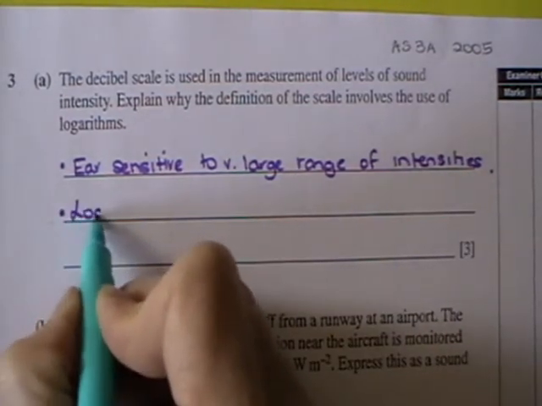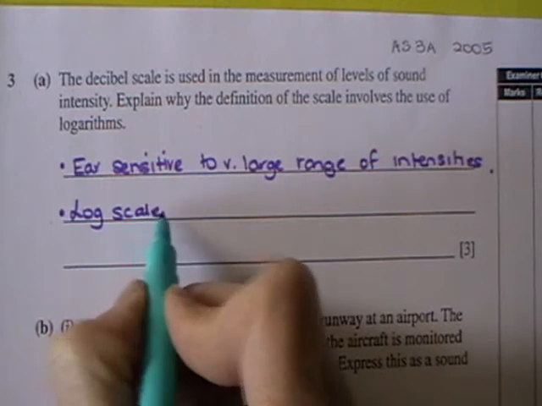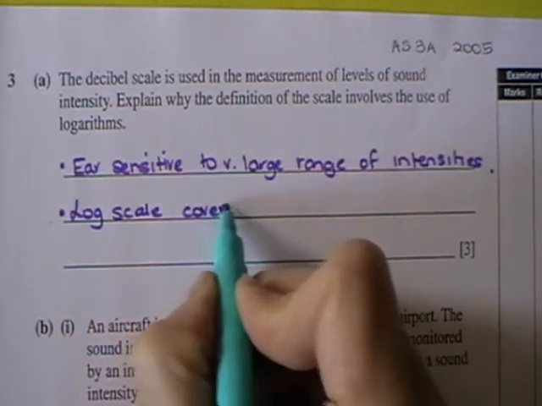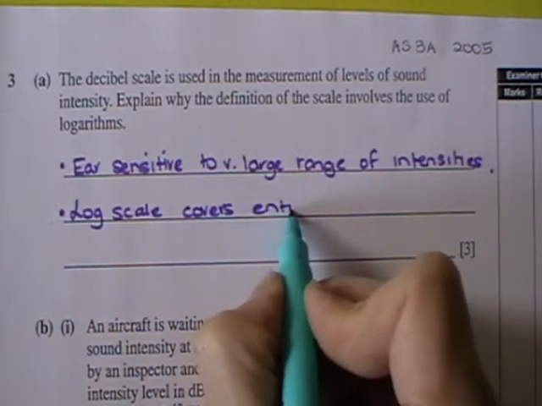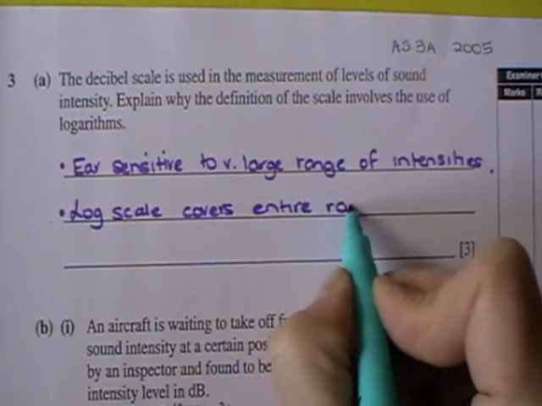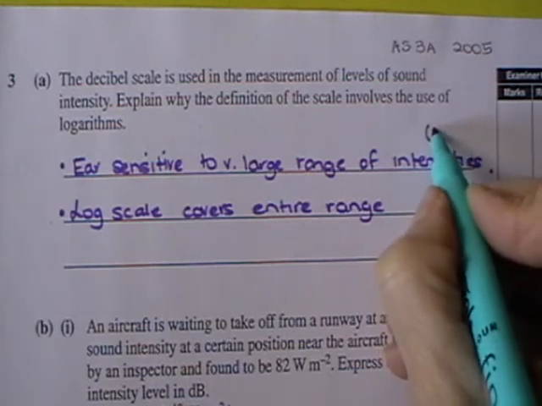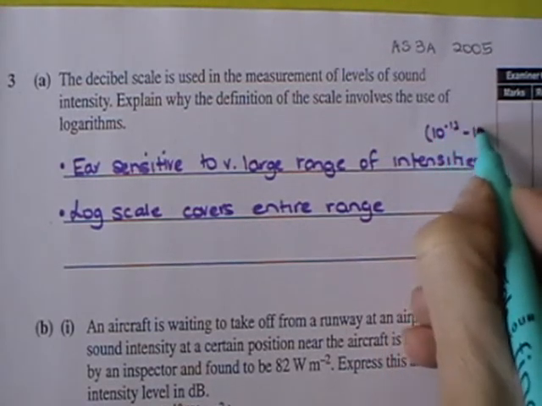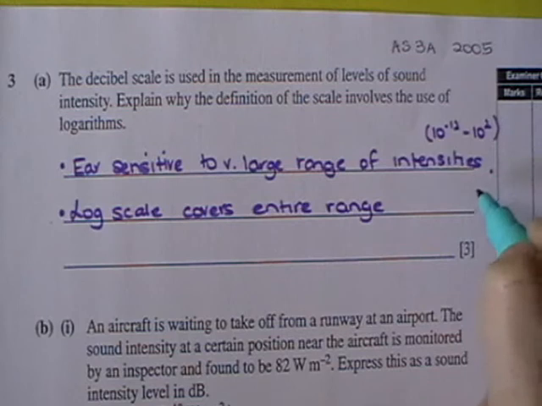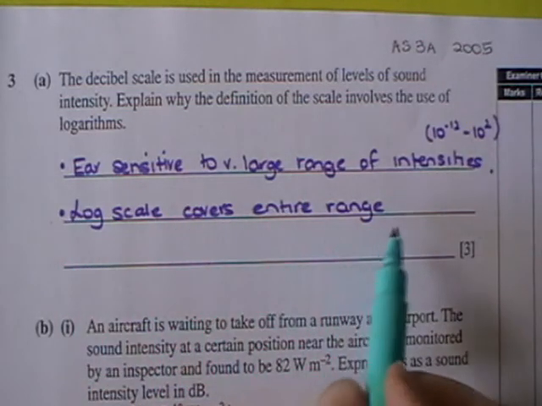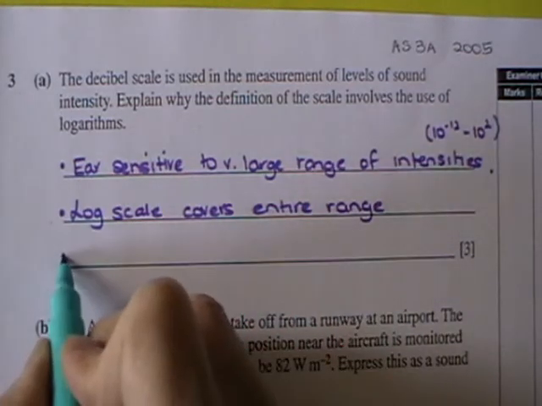If you use a log scale that covers the entire range. Now that range in terms of intensities in watts per metre squared goes from 10 to the minus 12 up to 10 to the 2, and that's an enormous range and impossible to display on one scale, whereas a log scale does cover the entire range and it can be displayed on the one scale.